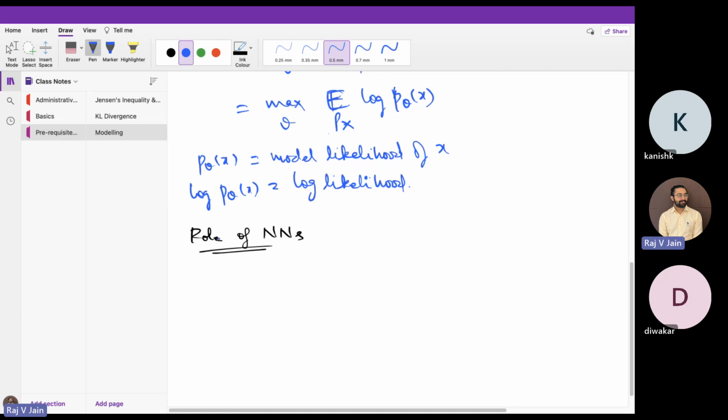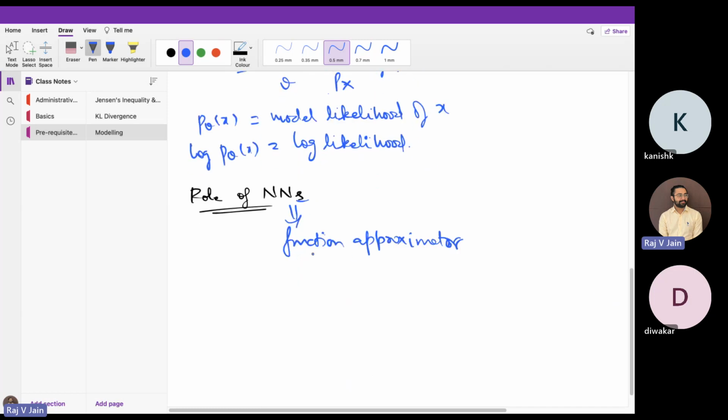Now we'll turn to neural networks for help in approximating this log likelihood of px. The way we are going to look at neural networks is as a function approximator. There is a theorem which says that neural networks are basically universal function approximators, right?